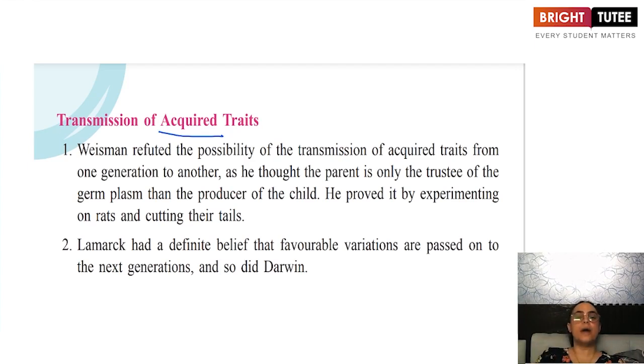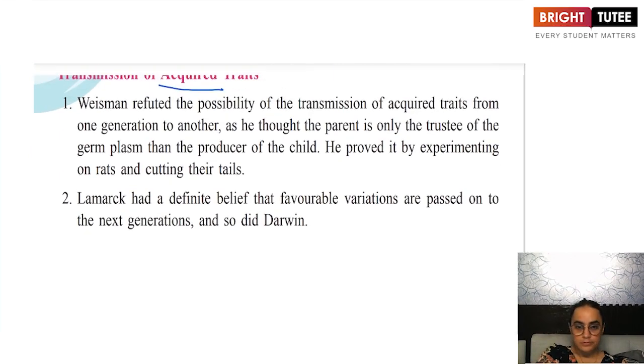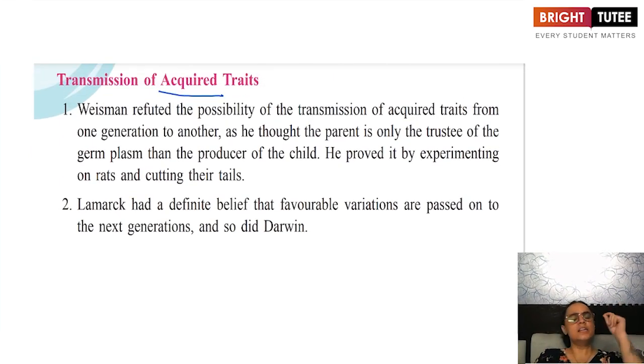Now, according to Weismann, who was a very famous psychologist, the parent is the only one who is responsible for the production of the child. Okay? According to Weismann, the heredity or the genes of the child do not depend on the grandparents or the great-grandparents.